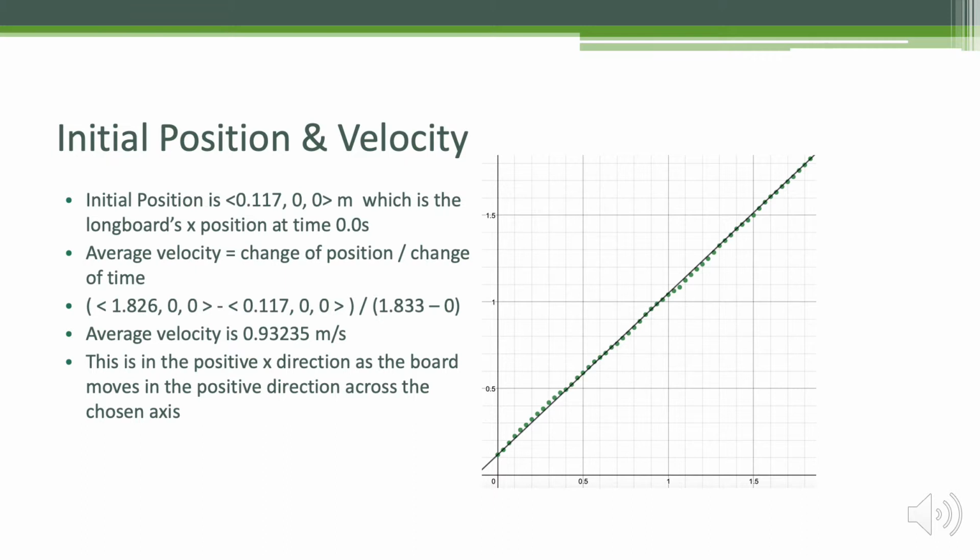And then we also calculate how long this took, which ended up being 1.833 seconds. So plugging all those values into the formula, we get the average velocity is 0.93235 meters per second. And it is positive because the board moved in a positive direction.